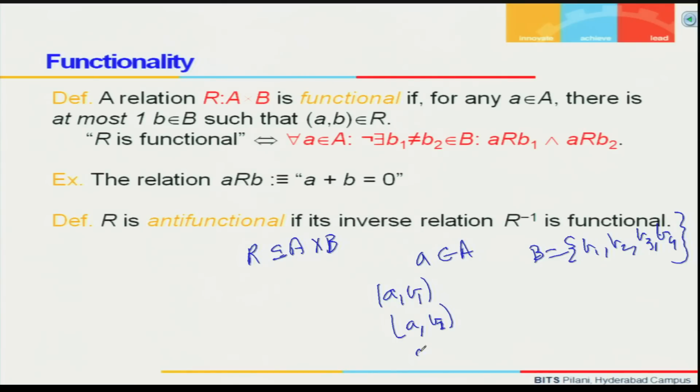It may have all of this or only few of them or none of them. When you define R, it is going to happen for a given A.